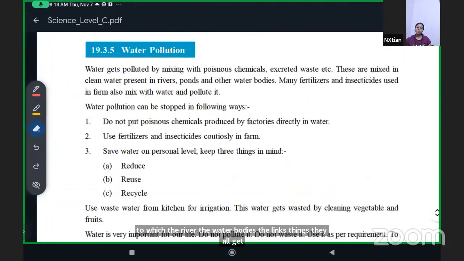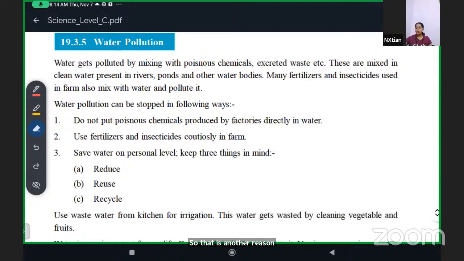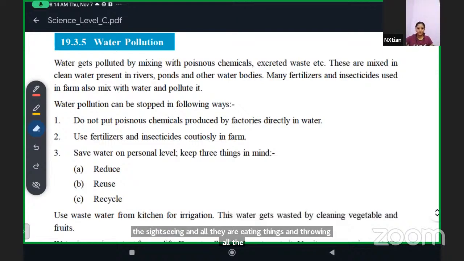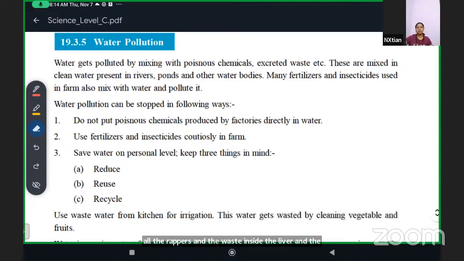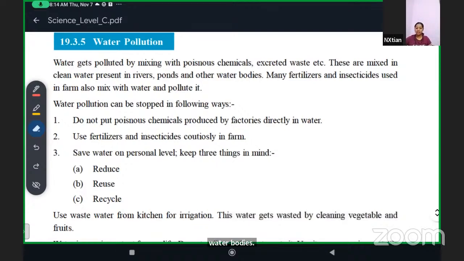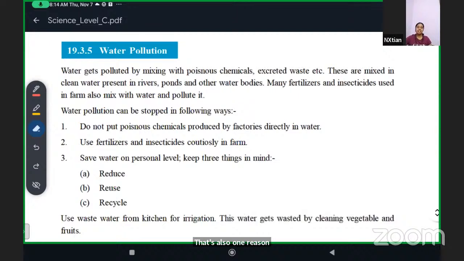People who come to visit us for sightseeing are eating things and throwing the wrappers and waste inside the river and the water bodies. That's also one reason why they are getting polluted. That happens with our lake. Like in Ajmer, we have one lake, Anasagar Lake it's called.